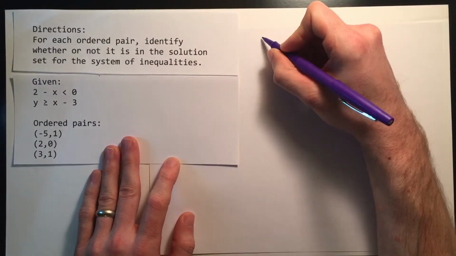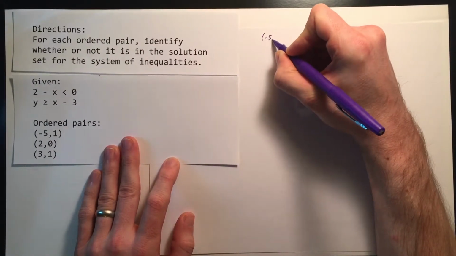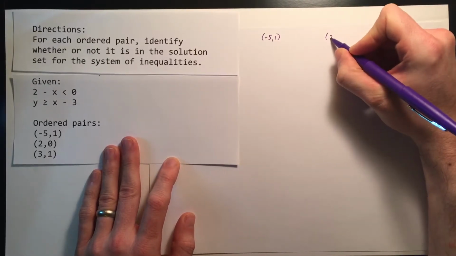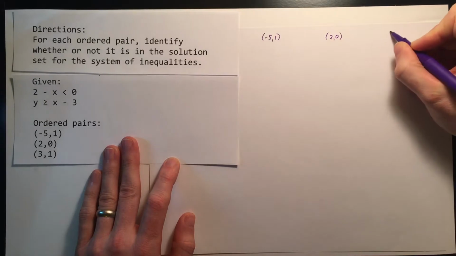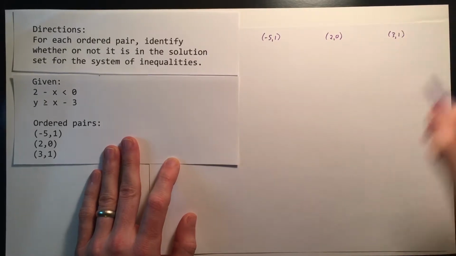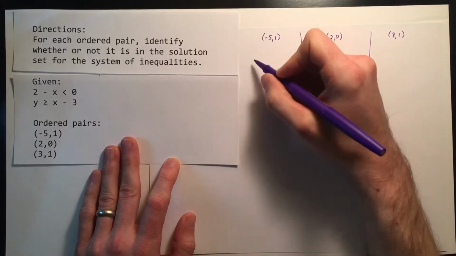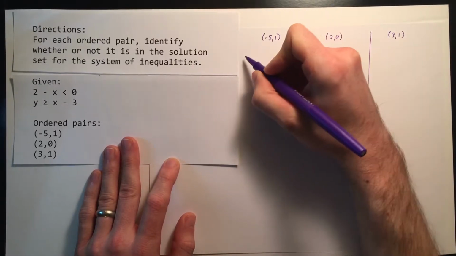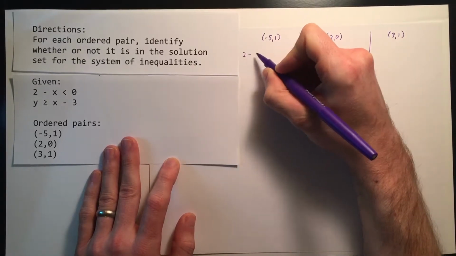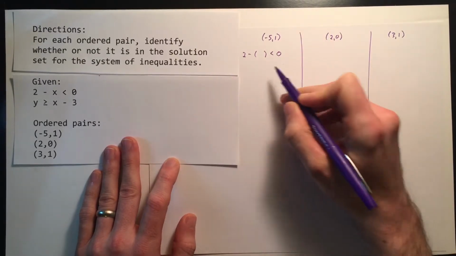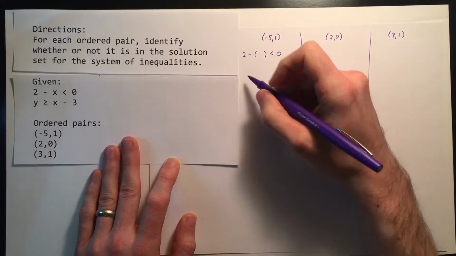Okay, so I'm going to set up my 3 different problems just to remind myself these are 3 separate problems: (-5, 1), (2, 0), and (3, 1). These are the ordered pairs I'm going to check. There's my 3 problems. And I'm going to substitute them into the inequalities. So 2 minus x, where the x was, I'm going to have parentheses because I'm going to substitute a value in there.